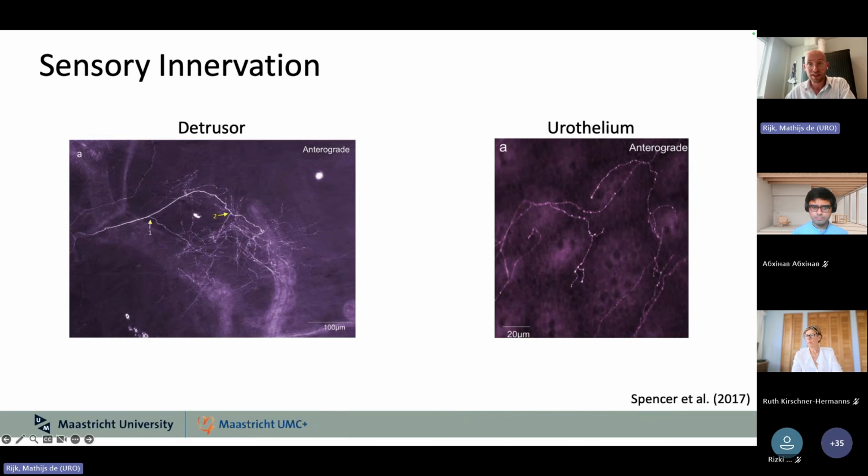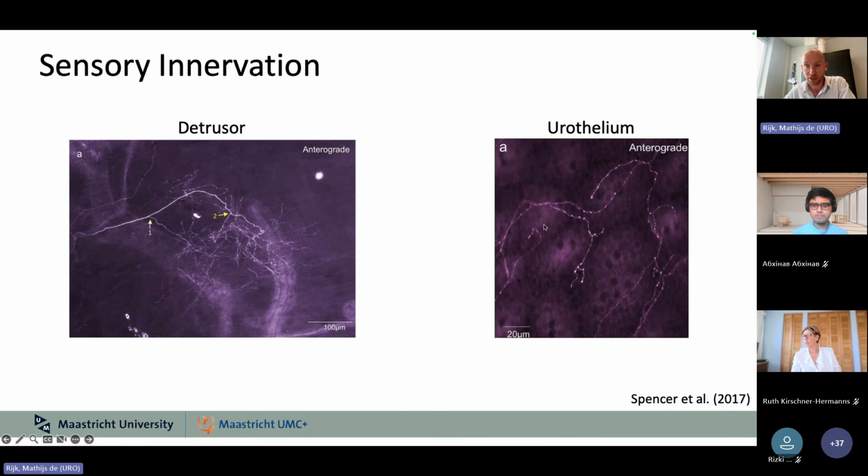The bladder is very densely innervated, and about 80% of the nerve fibers within the bladder innervate the detrusor muscle, so the muscular layers, and they respond directly to stretch of the bladder wall, and they also respond to transient spontaneous contractions. So during the filling phase, the bladder periodically contracts and relaxes again.